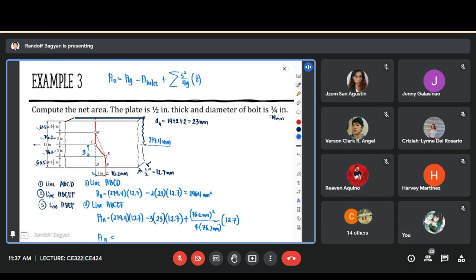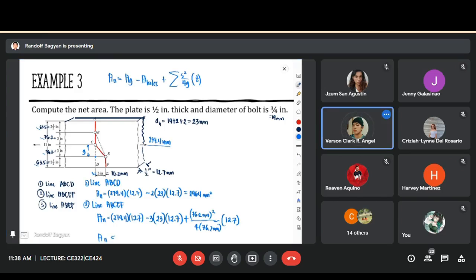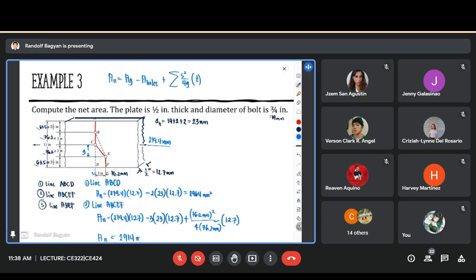Anyone can answer? Sir, 2,914 square millimeters. Tama ba? Nakuha ba ng lahat? Wait lang, di pa ako tapos mag-compute.